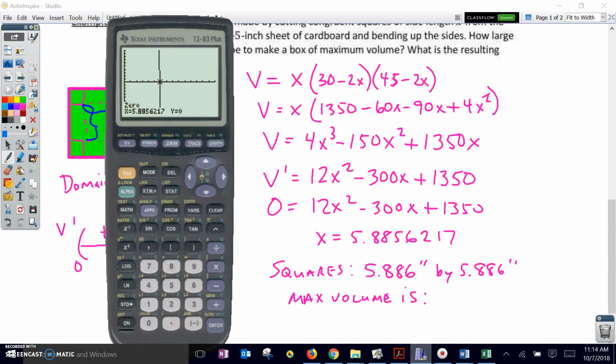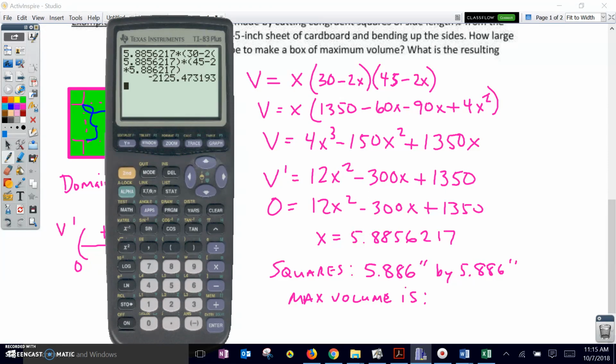And we want to put 5.886 into our volume function, so we've got 5.8856217, let's keep more decimal places of it, times quantity 30 minus 2 times 5.8856217 times 45 minus 2 times 5.8856217.